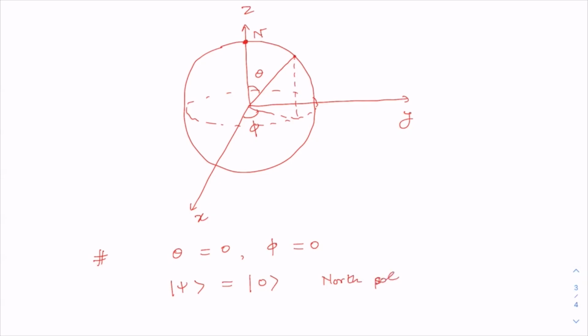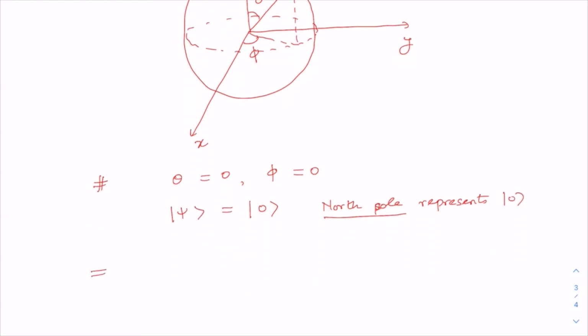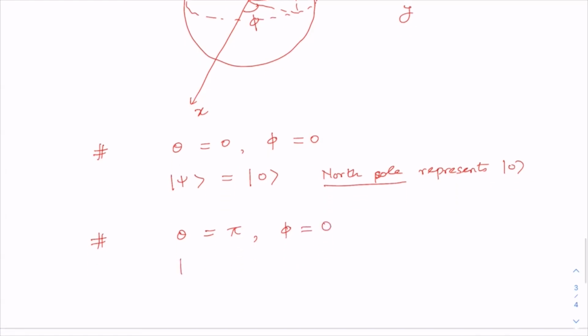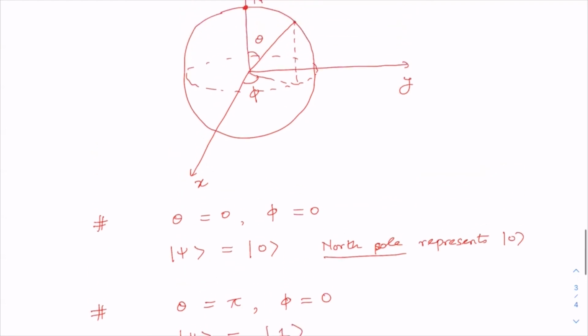So the north pole represents ket 0. Similarly, you can immediately see that for theta equal to pi and phi equal to 0, ket psi would represent ket 1, and this would be the south pole.